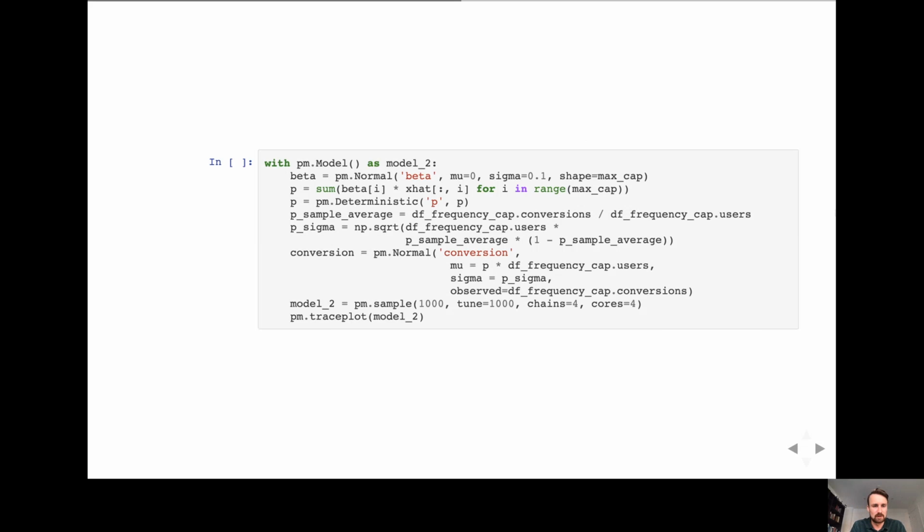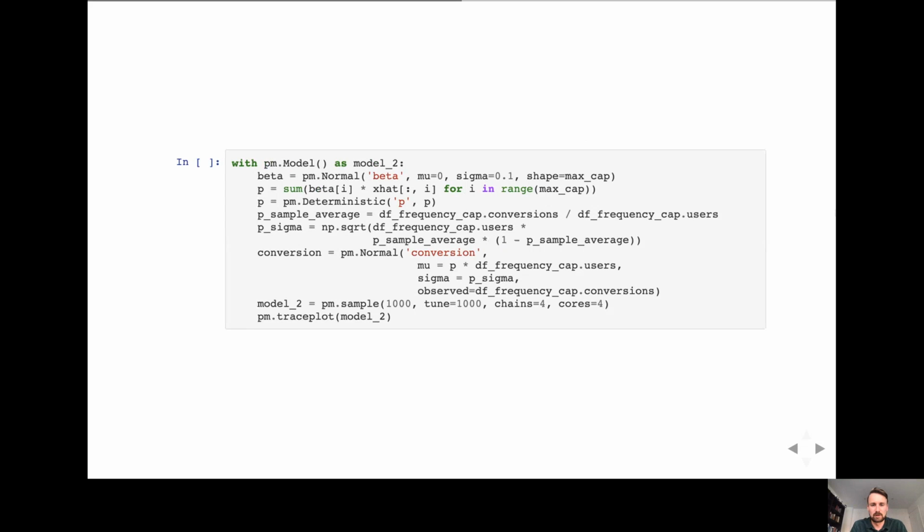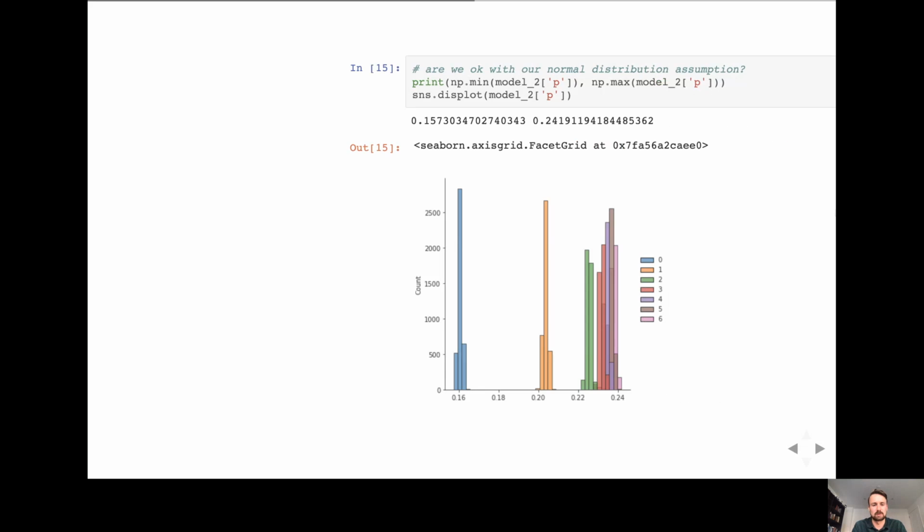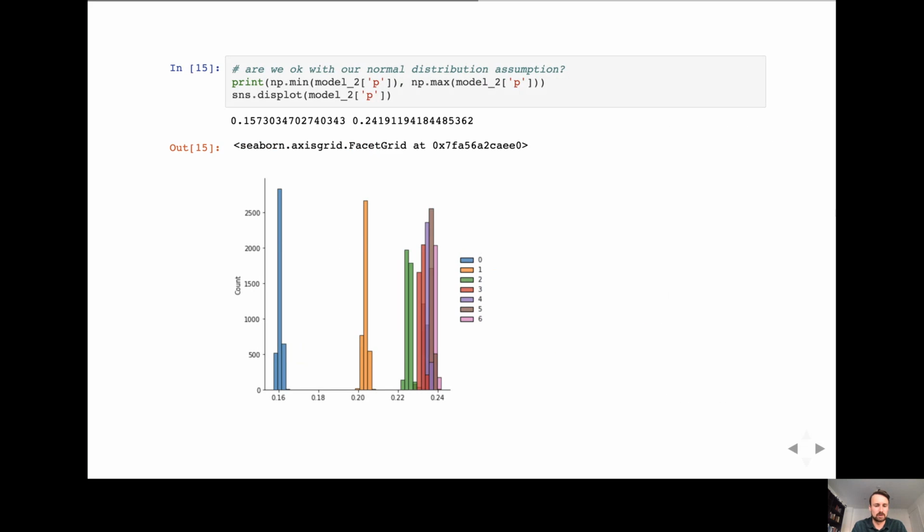Okay, so we quickly rewrite our model to include these components. And let's first check whether we are okay with our estimation by checking the probabilities that we get in our posterior distributions. This is a plot of our posterior distributions, and what we can see is that for probabilities of all different amounts of frequency caps, we have a density that is well between 0 and 1.